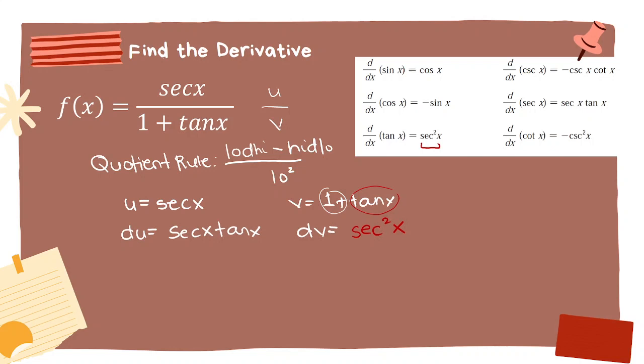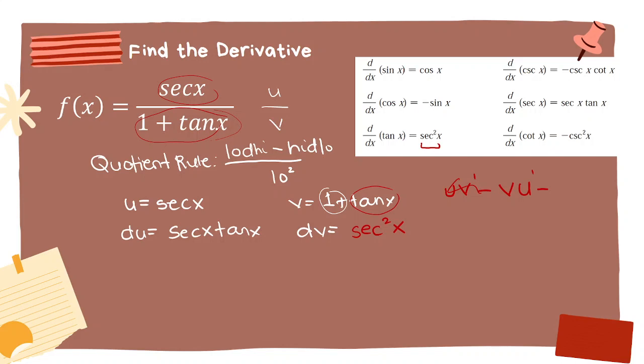Now, we utilize the quotient rule: low d high minus high d low. Hindi ko po gets yung low d high at saka high d low. Yung low, this is the lower function.